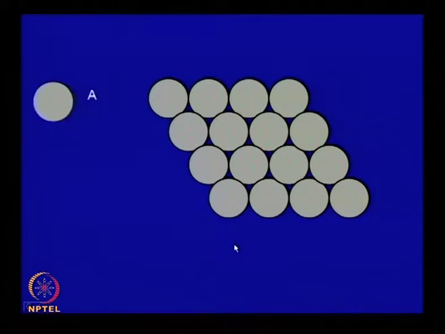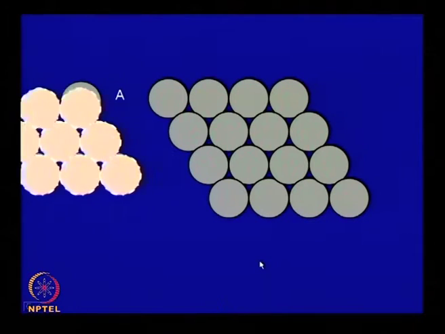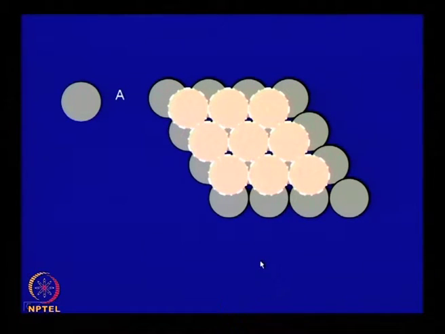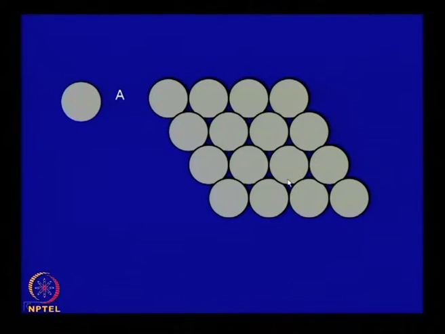Suppose we call this layer A. Now, if you try to bring another layer of hard spheres on it, where does it go? There are 2 places here. One is here, another here, but if you put an atom here, part of this gets blocked. So you can only have either here or here.